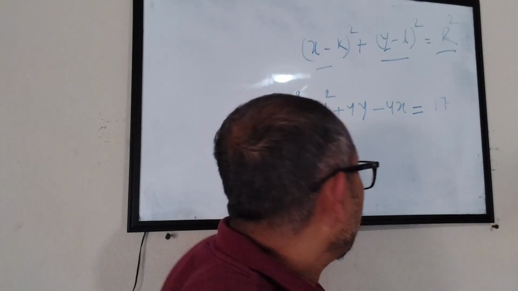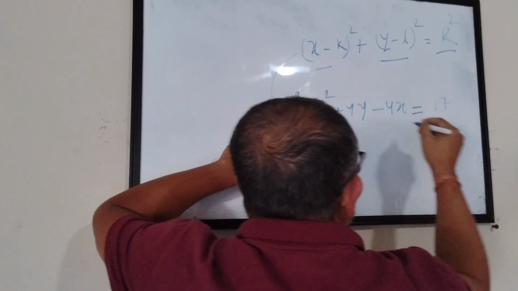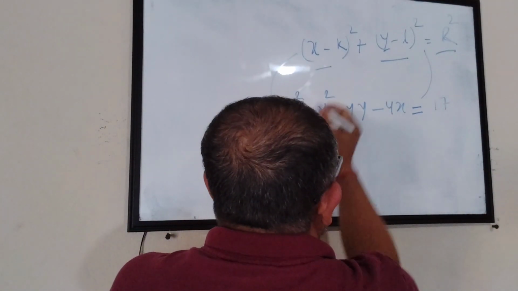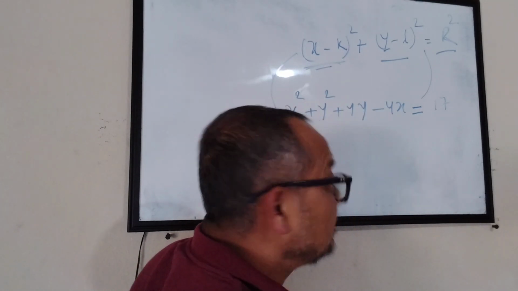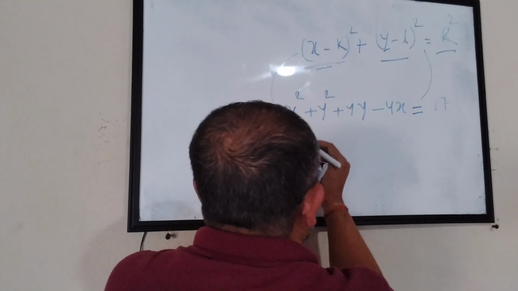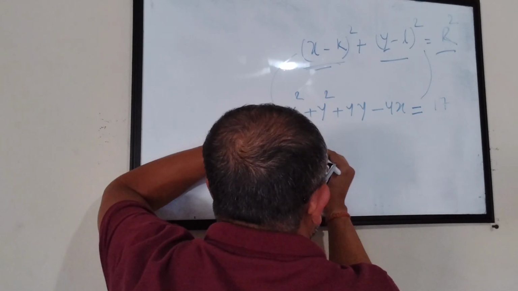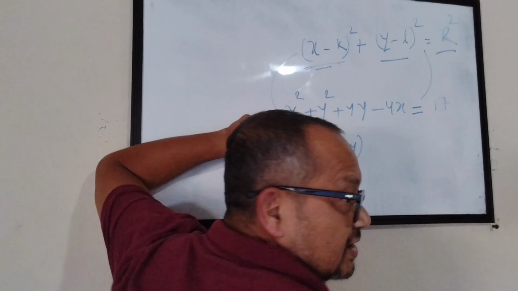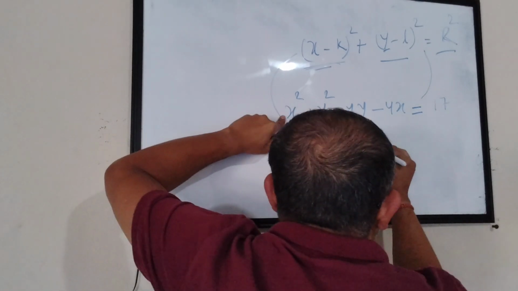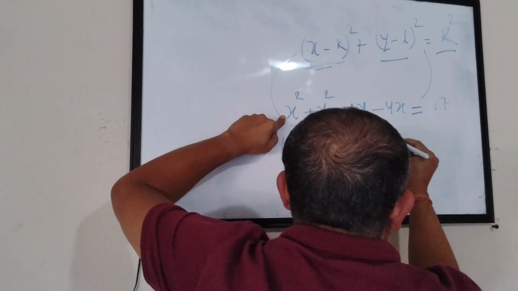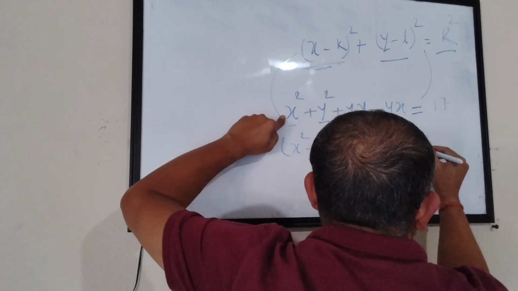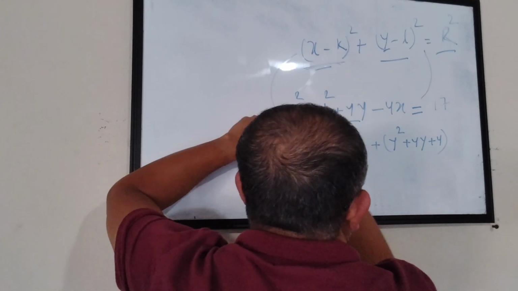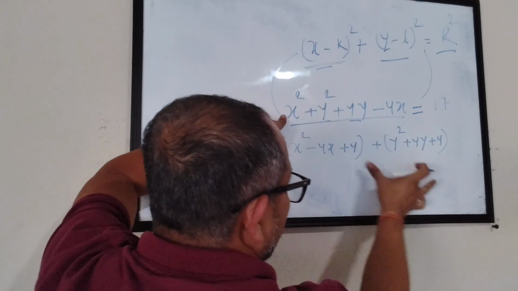What you will do is try to convert this into the standard form. You have x squared. Can you find x minus something whole squared? If I have x squared minus 4x, what do I need? Plus 4 to make it a square form. For y squared plus 4y, what do I need? Another 4, to make these two in square form.